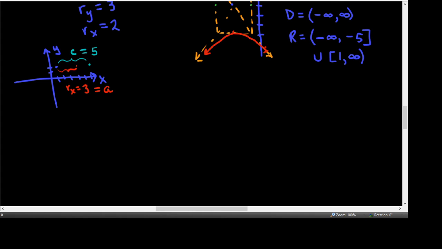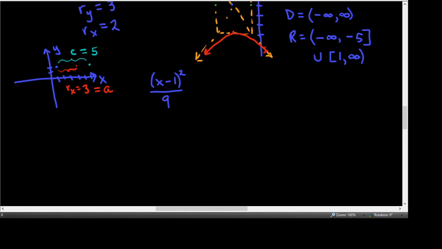All right. So let's start writing the equation. We actually know a lot of stuff that we can use. Since we're moving in the x direction, which variable will be in the positive fraction? Well, the answer is the x will be. So it will be x minus h. Do we know h? Yeah, it's the x coordinate of the center. That's 1. Divided by r sub x squared. Do we know r sub x? Yes, it's 3.